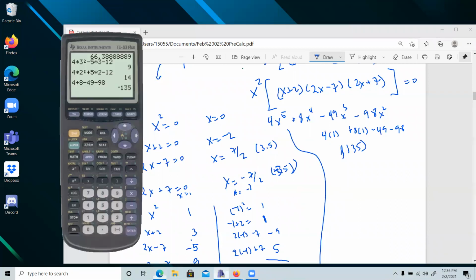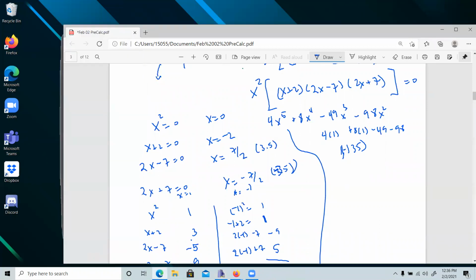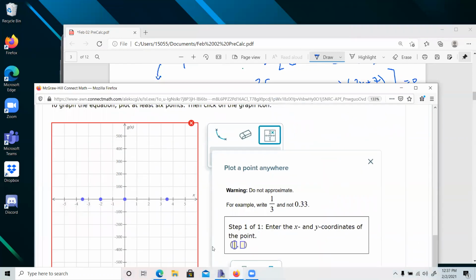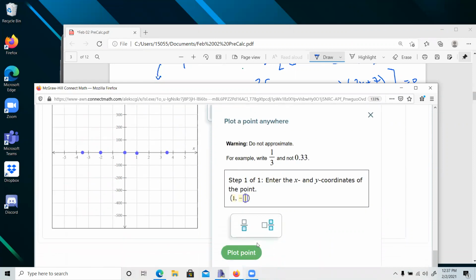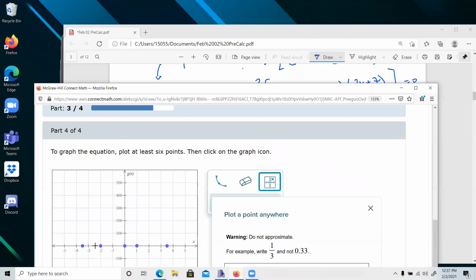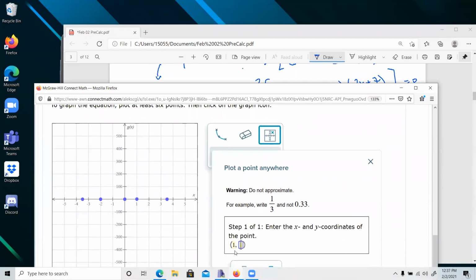Oh, wait, was that positive or negative? It's negative. What did I type in? Let's erase that point.